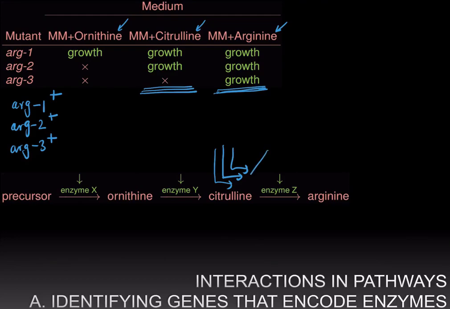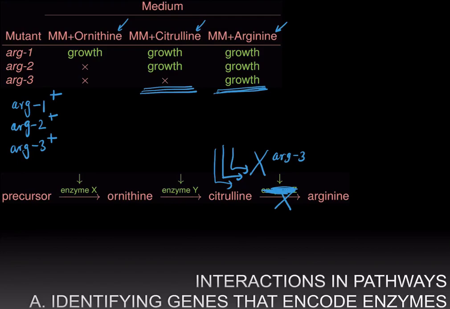Therefore, the pathway must be blocked at this stage in the arg3 mutant, with the implication that the wild type allele, arg3 plus, makes enzyme Z. And so if you mutate it, then there is no enzyme Z, and therefore this pathway is blocked at this stage.